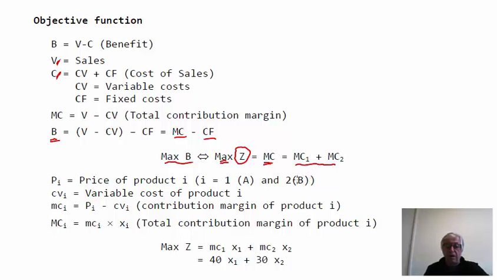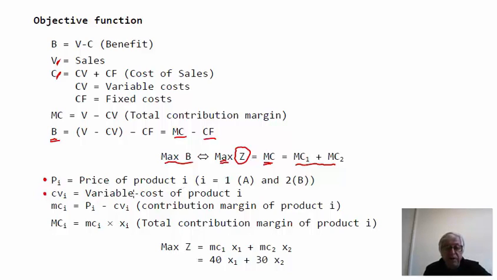Okay. Now let's look at another concept, the concept of a unit contribution margin, or simply the contribution margin of a product. So it's defined through the price of the product. So we have the price of the product, and we need also the unit variable cost of the product.